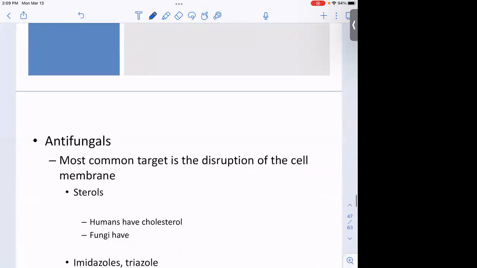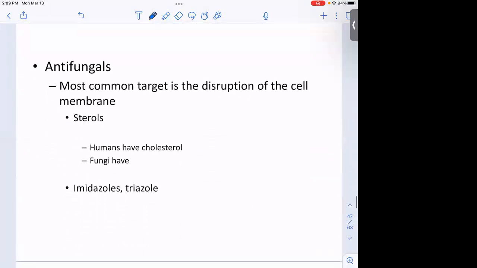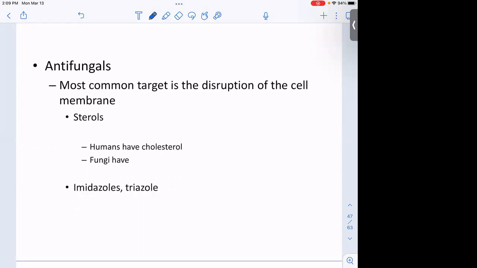For a fungal infection, there are many different drugs, but most commonly they actually target the cell membrane. Now, our membranes, as well as fungal membranes, have sterols in them.